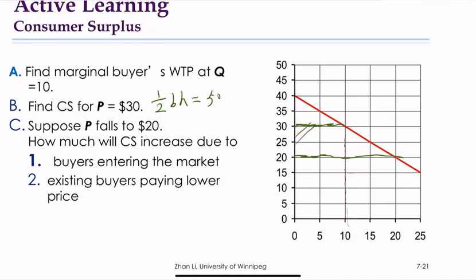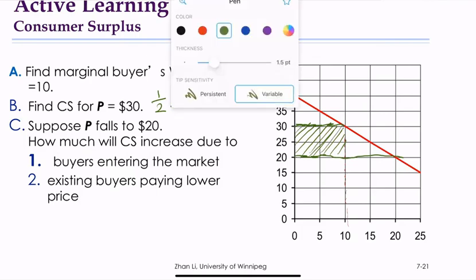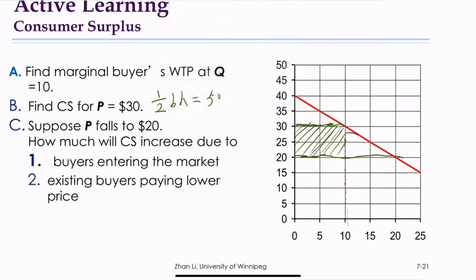This part is because initial buyers are getting a lower price, so they have additional consumer surplus. And this part is because new buyers are entering the market. So let's just calculate the area of this rectangle and the area of this triangle.